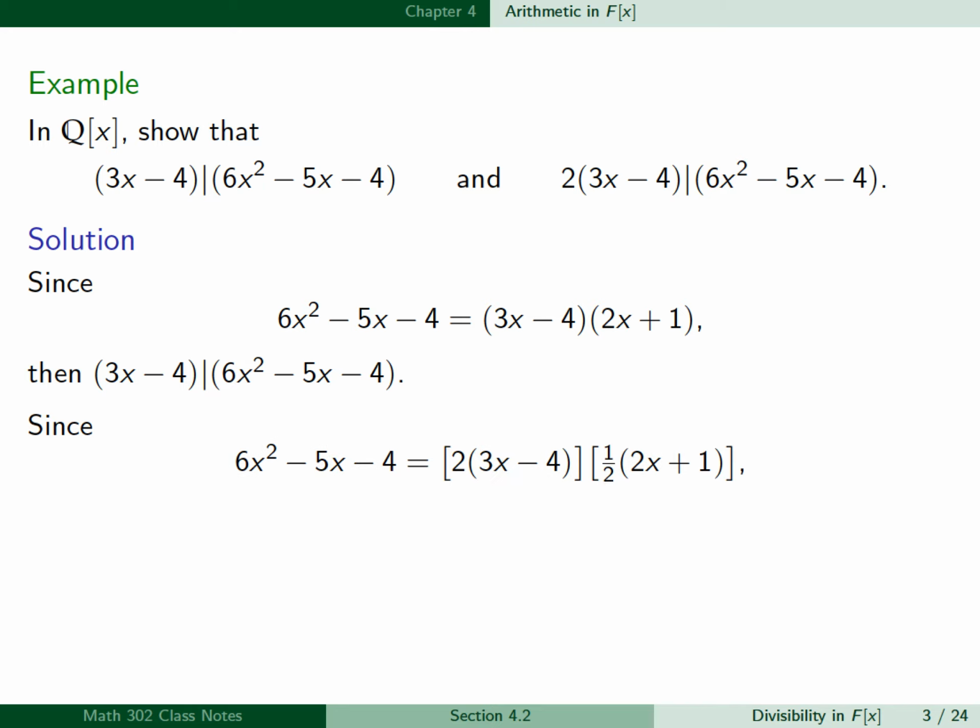Now in this factorization, we can put a 2 in front of the 3x minus 4 and a 1/2 in front of the 2x plus 1 to compensate. And this shows that 2 times (3x minus 4) also divides 6x squared minus 5x minus 4.